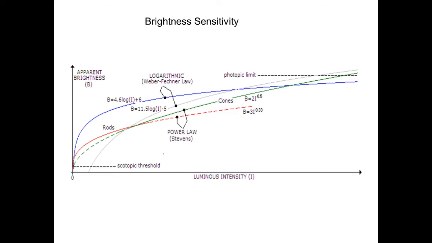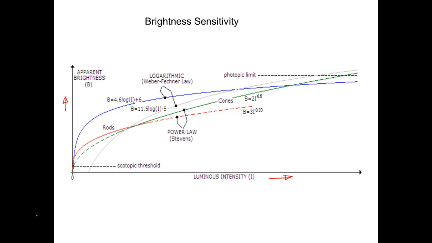Now coming to brightness, again we can use either Stevens' law or Weber's and Fechner's laws. Suppose on the x-axis we use luminous intensity and on the y-axis brightness, that is the apparent luminance.